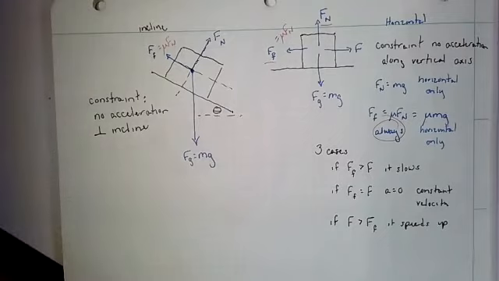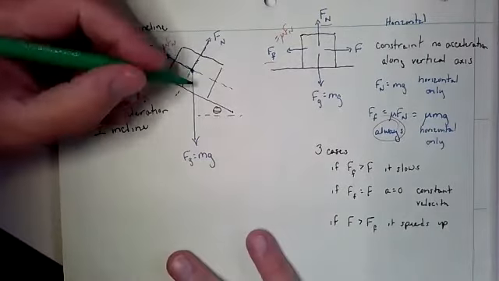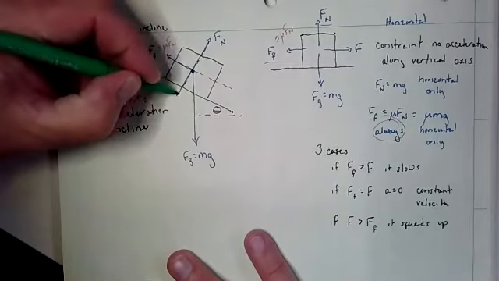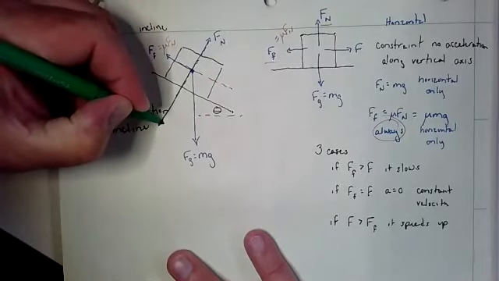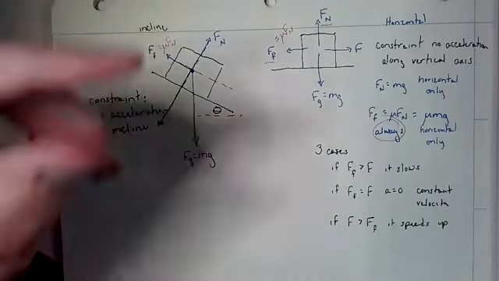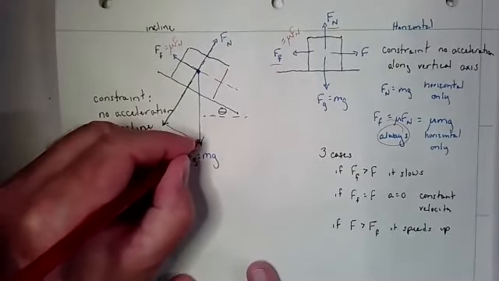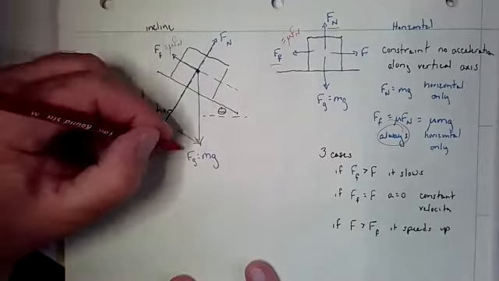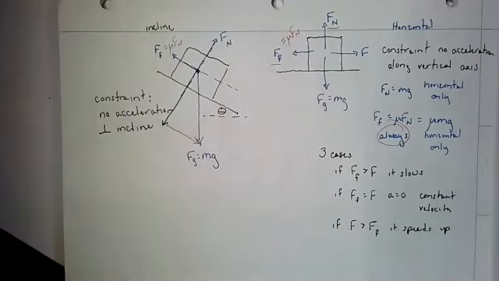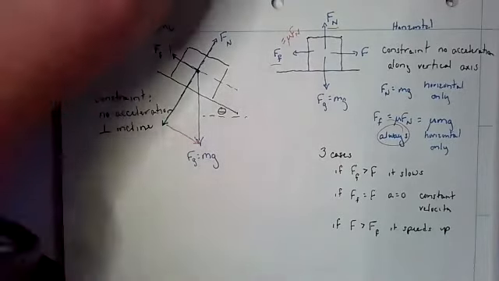So now we can resolve the weight into components that are either perpendicular or parallel to the incline. So I'm going to extend this as a right triangle where these two perpendicular vectors add together to give me this hypotenuse.